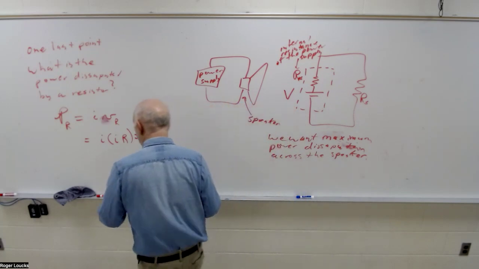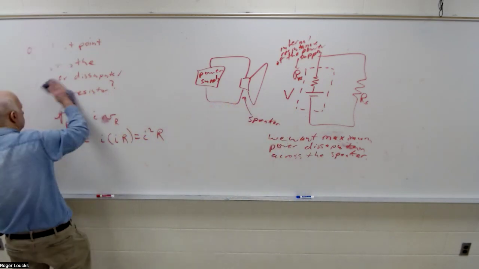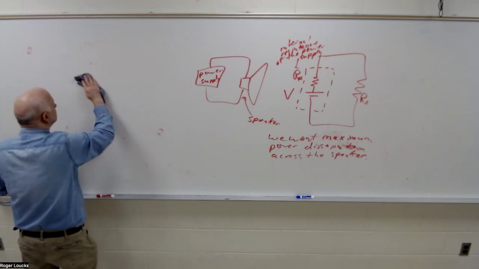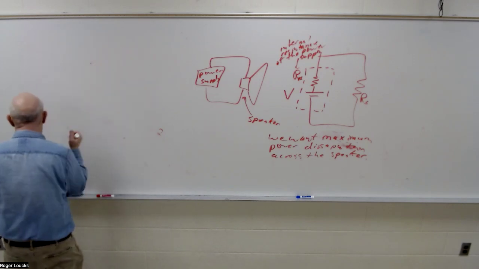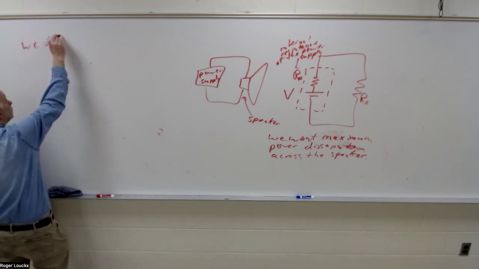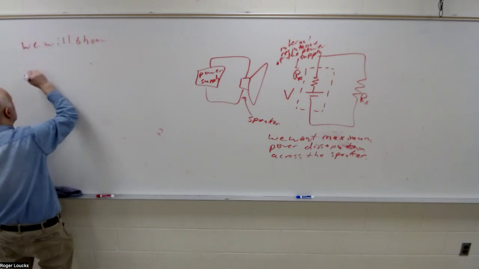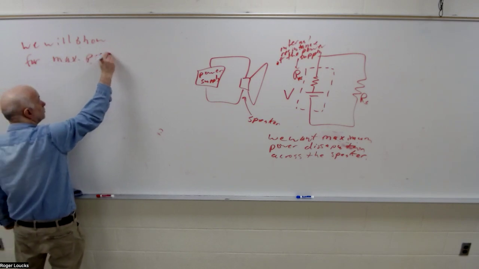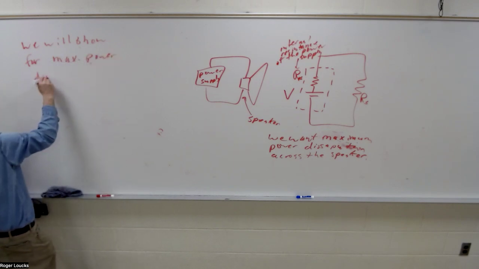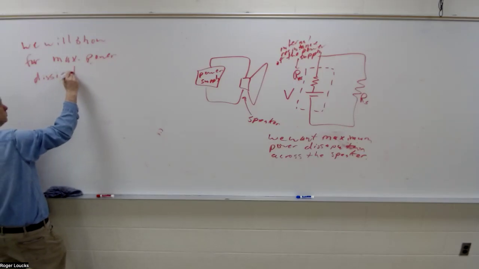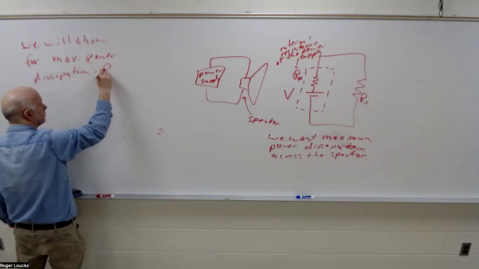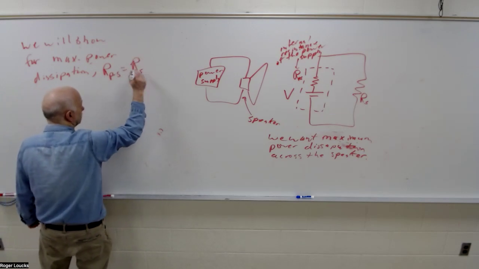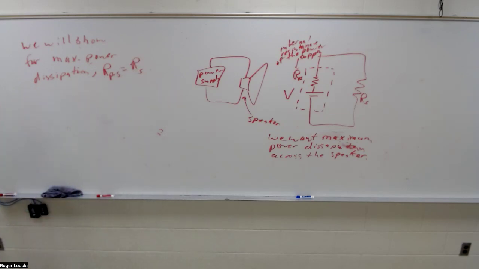Okay. So we will see. We will show. For maximum power dissipation, the resistance of the power supply has to equal the resistance of the speaker. And this is called impedance matching.